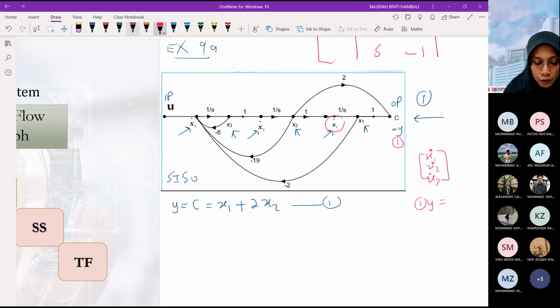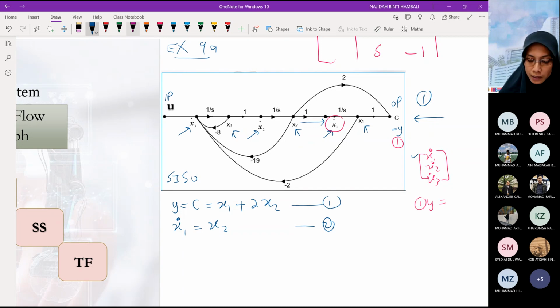Okay. So X1 dot sama dengan apa? X1 dot sama dengan X2. Very good. X1 dot equal to X2. This is our second equation. Okay.